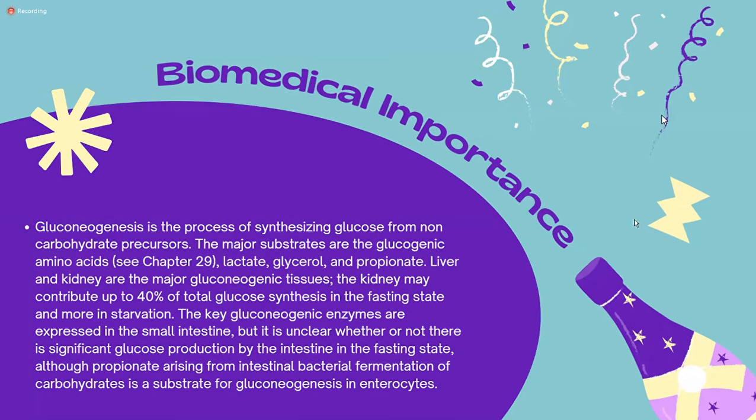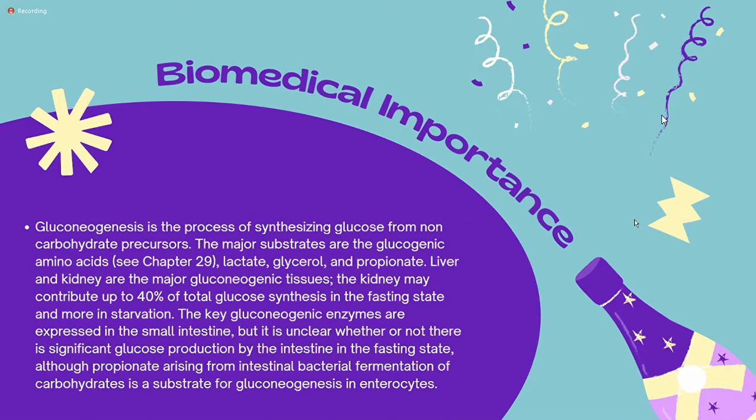The enzymes for gluconeogenesis are also expressed in the small intestine, but it is not clear whether there is a significant action of glucose in the system.